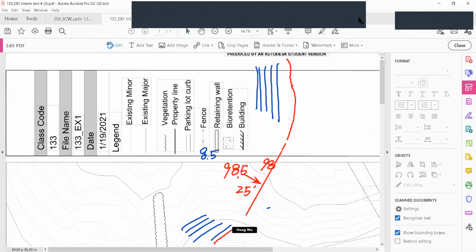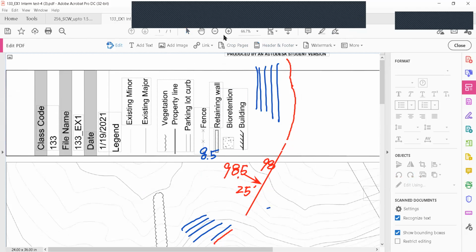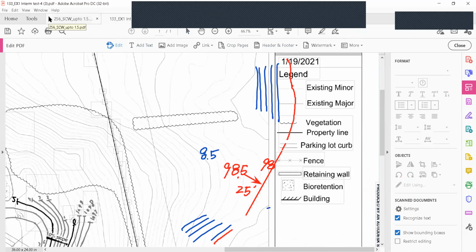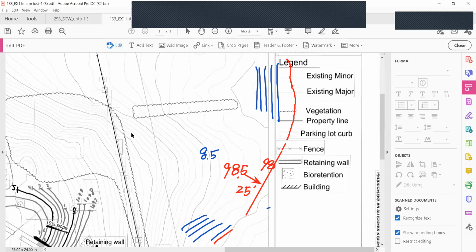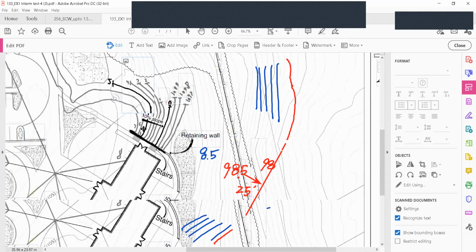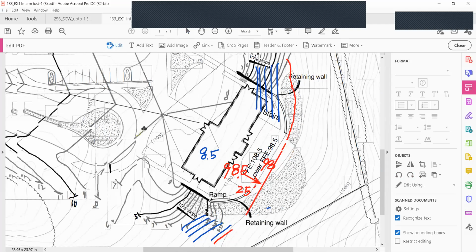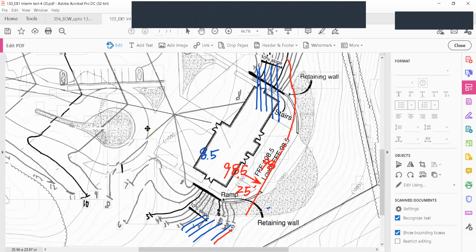Oh, what did I do? I don't know what I did. Yeah, if you can just drag it back to the wall. No, come on. Move down a little bit more.